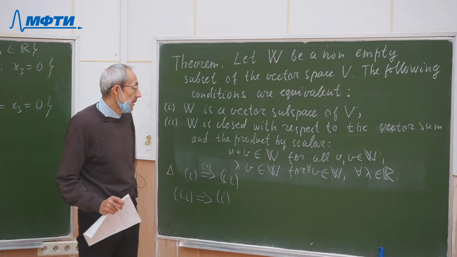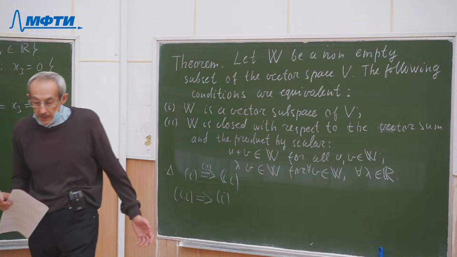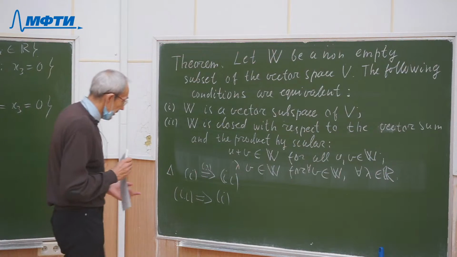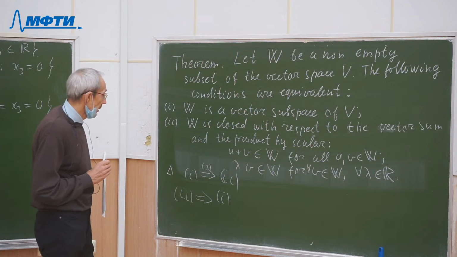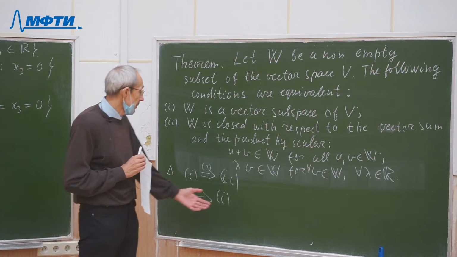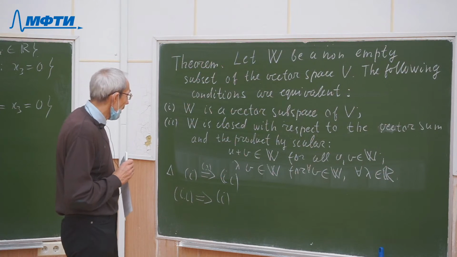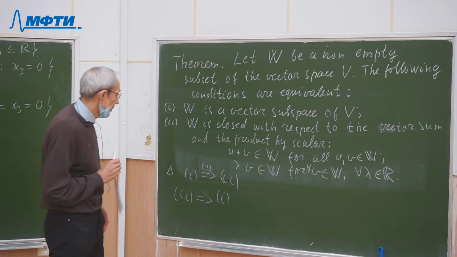This condition is the zero axiom, and I try to show that the zero axiom in this case is a sufficient condition for W to be a vector space.